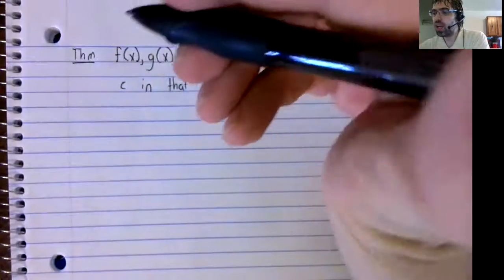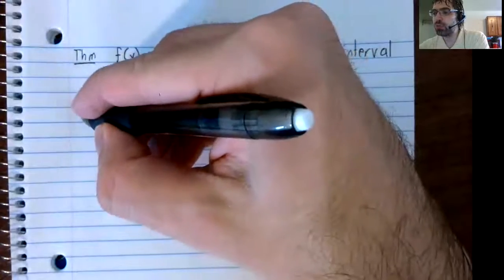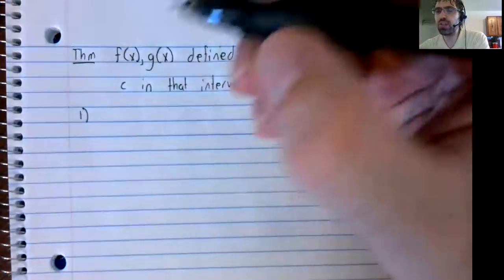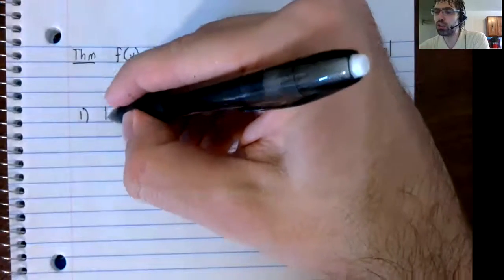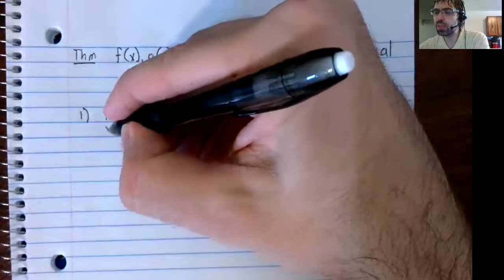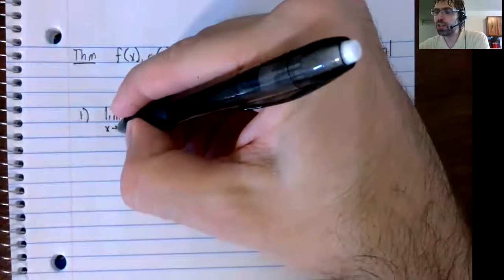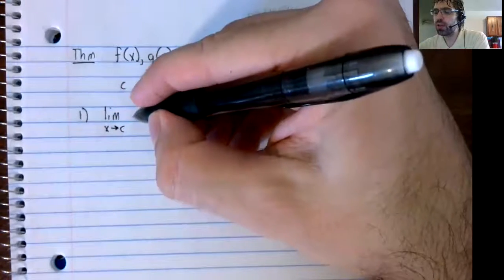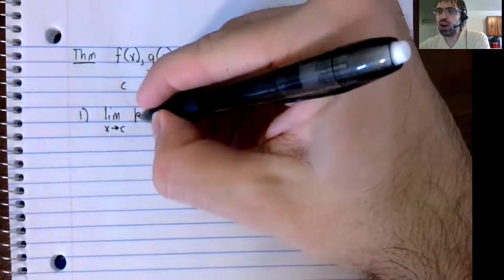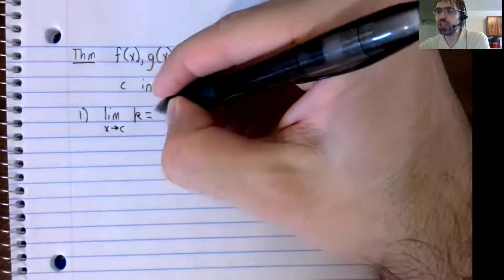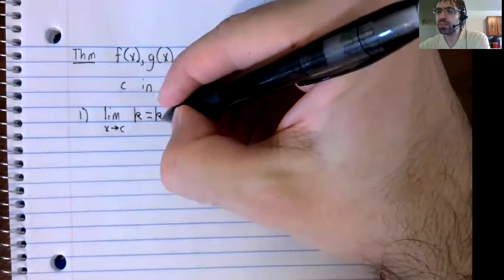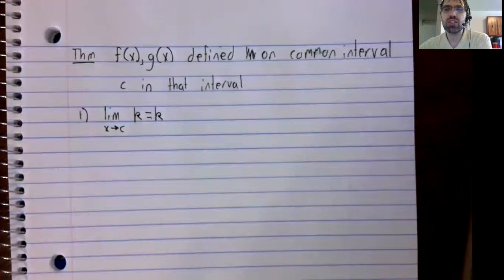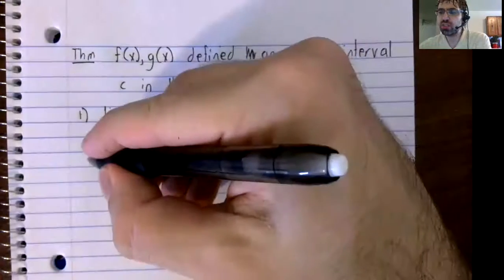So we'll start with two rules that don't involve f or g. Rule 1, the limit of a constant function is that constant.